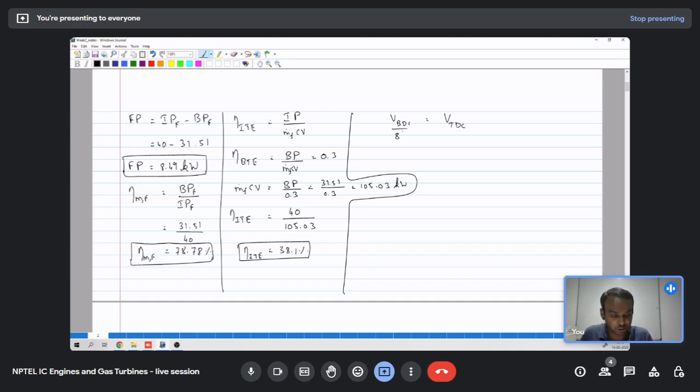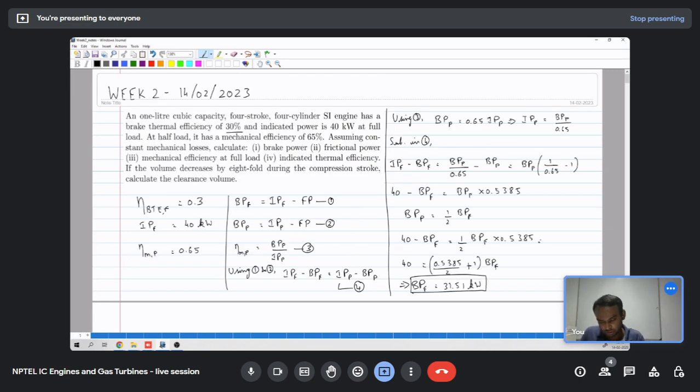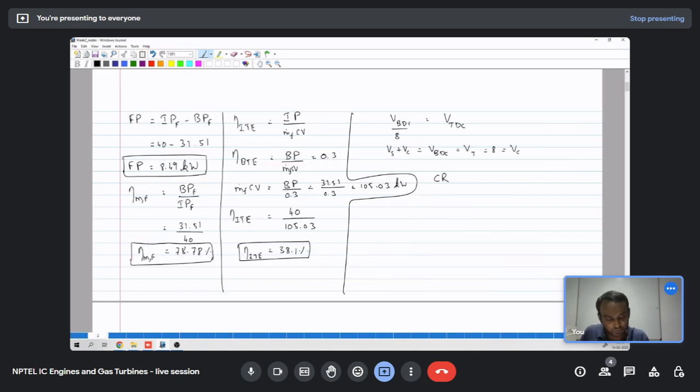Now volume at BDC is the total volume, that is V stroke plus VC, or I write V total. So this is 8 into V at TDC. So volume at TDC is the clearance volume, VC. We have to calculate the clearance volume.